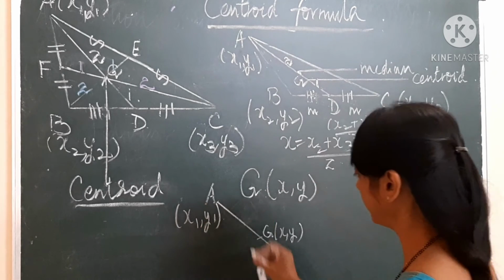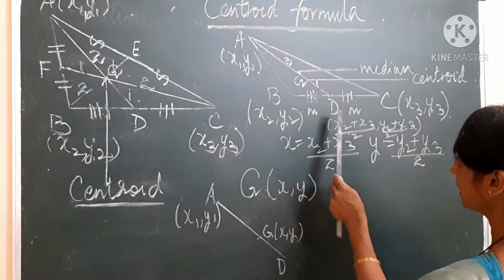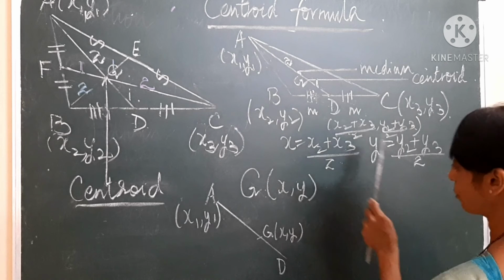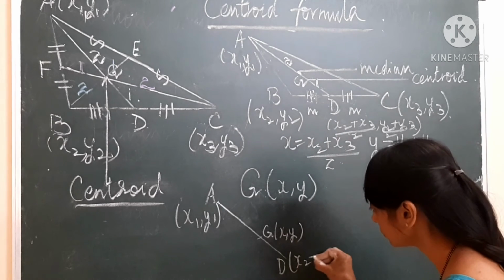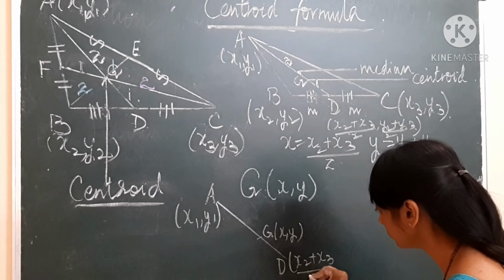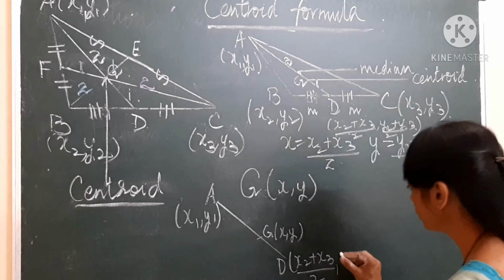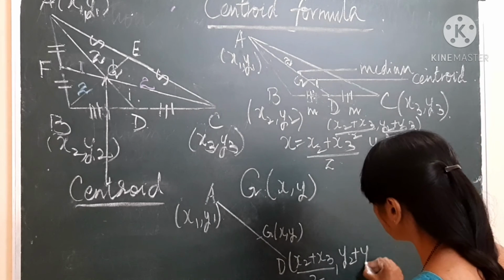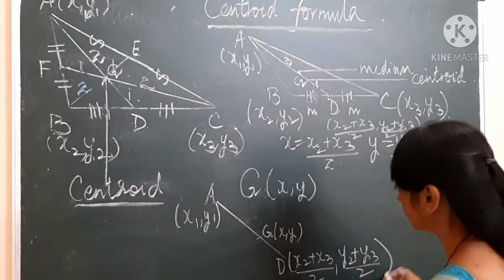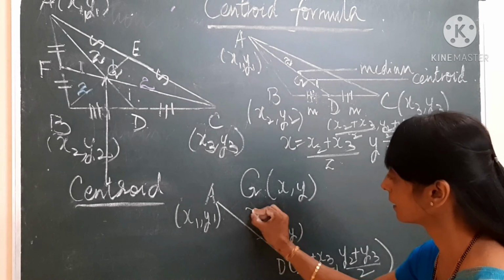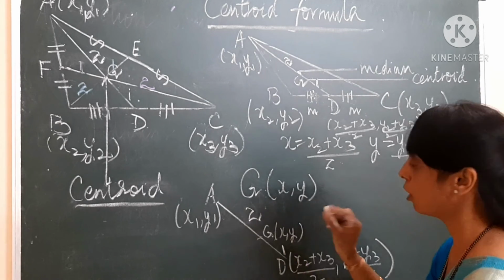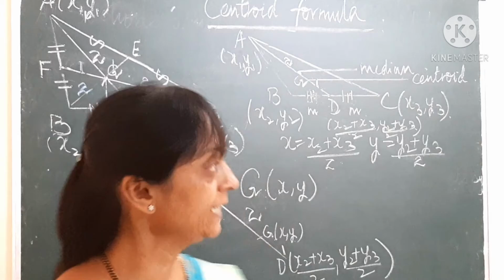What are the coordinates of point D? (x2 plus x3) upon 2 and y is (y2 plus y3) upon 2. We have to calculate the coordinates of G. So let's begin.